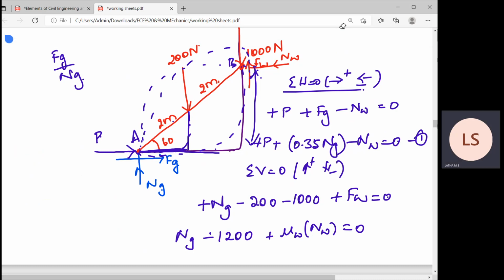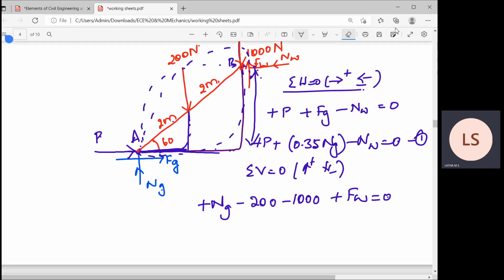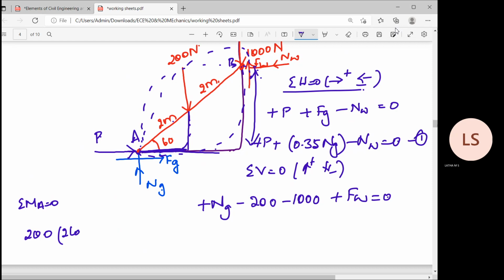I'll take a little more space. I'll clear this. Anyhow, we have the equation. Underneath, one more equation is there. I'll take the moment about point A. So clockwise 200. Sigma M about A is equal to 0. 200 into 2 cos 60, right?